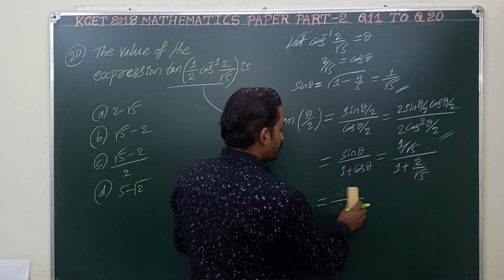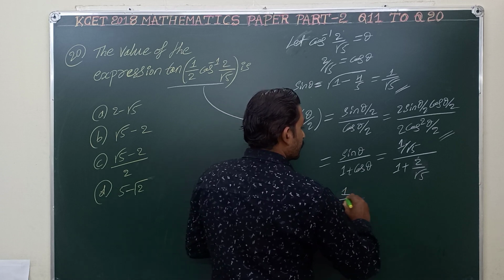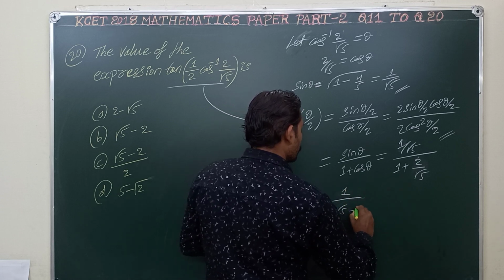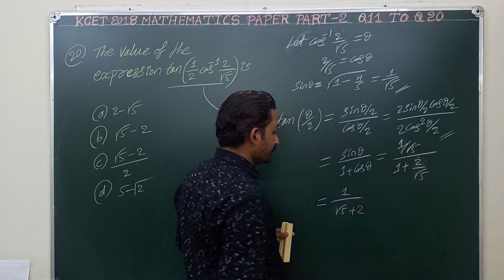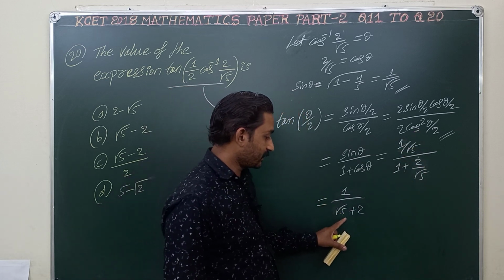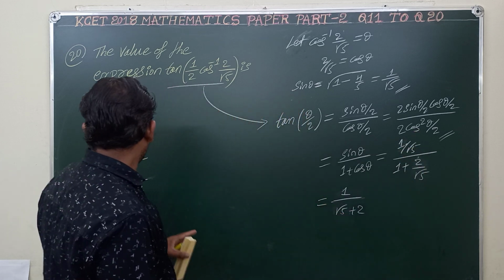In the numerator 1 is there, divided by the denominator root 5 plus 2. This is the correct answer, but it is not in the options.